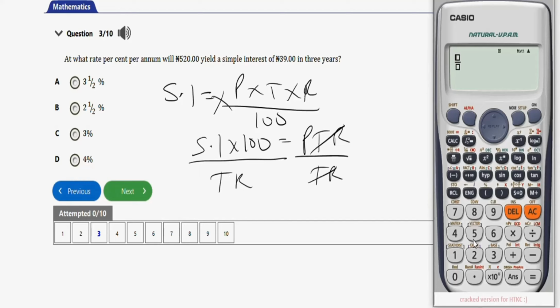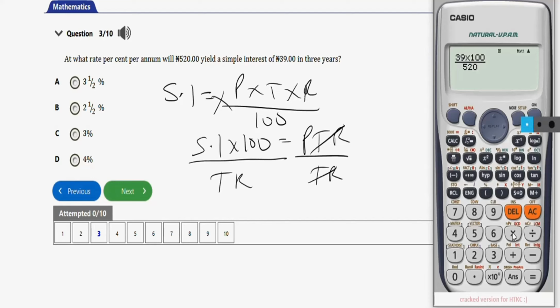In this question, we have the simple interest to be 39 times 100 over the principal, 520 naira, times the time, which is 3 years.